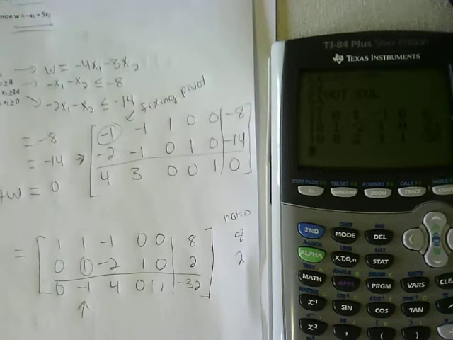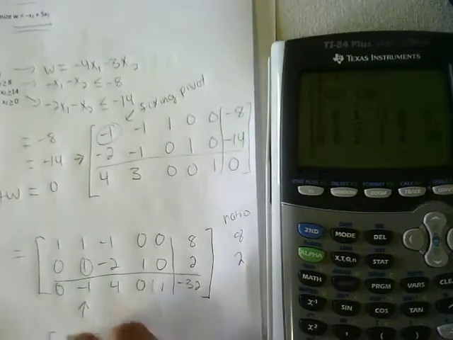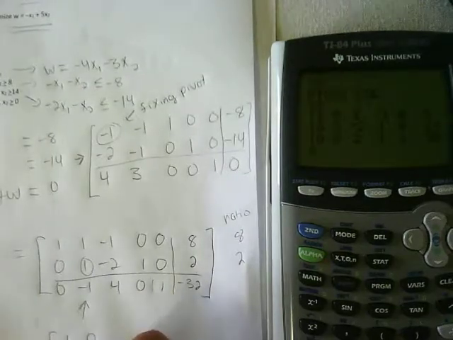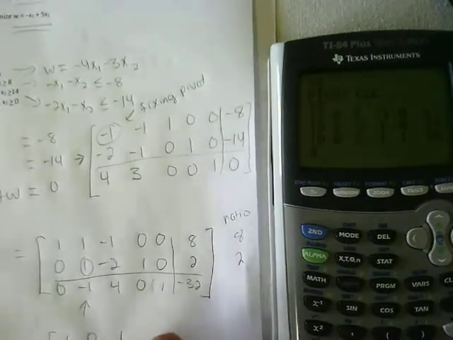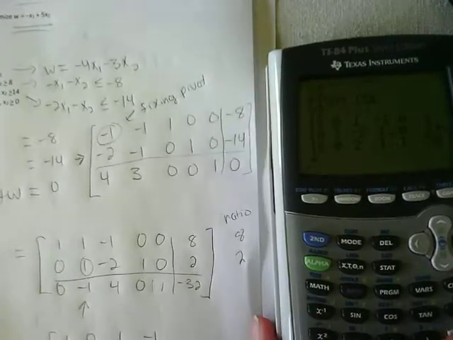I think that's going to be it for us, because whenever I go to write this down, I've got 1, 0, 0, 0, 1, 0, 1, negative 2, 2, negative 1, 1, 1, and then 0, 0, 1, and 6, 2, negative 30.